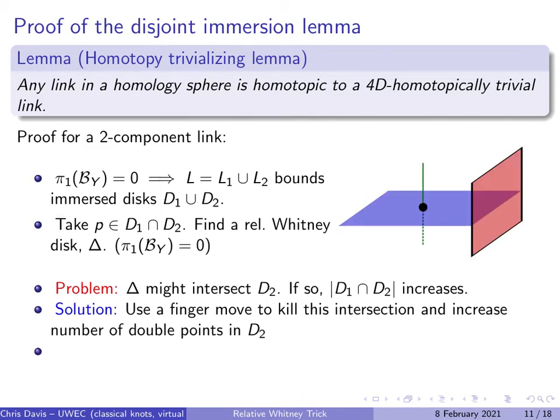So here's a cartoon picture. So here is the relative Whitney disk delta. Here's D2. And again, there's maybe some subtlety about how to interpret this 3-dimensional picture as a 4-dimensional picture. Well, here, I'll tell you how. So I'm going to find a little arc from this point of intersection to the boundary of D2.